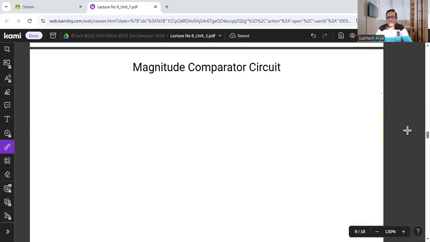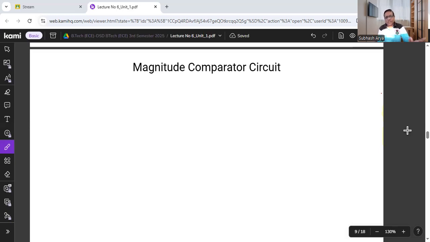The output may be A is greater than B, A less than B, or A is equal to B. So these are the three possible outcomes after comparison of the two numbers.